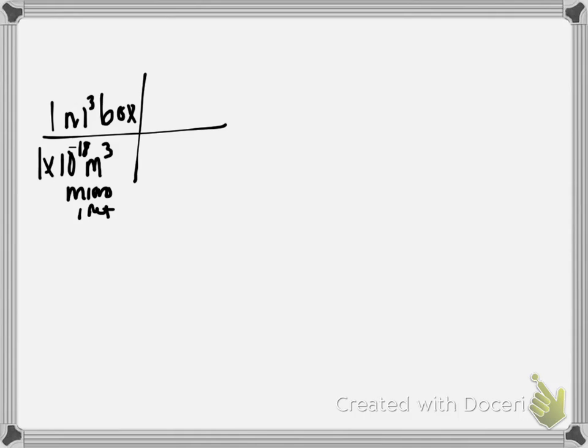So then, if we know that, we can do the number of micrometeorites per second, and that's 1 per second. What was the other factor we said we needed?